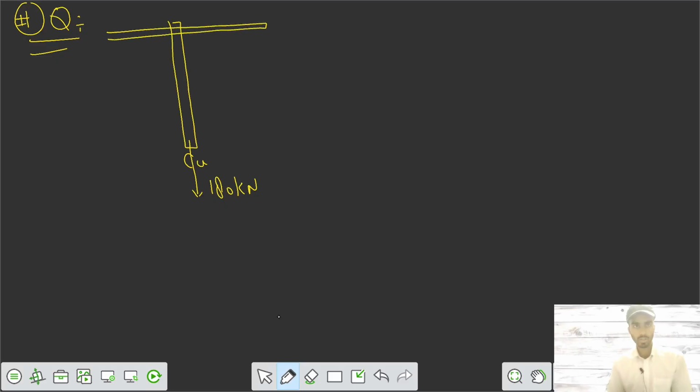So this is your rigid connection, this one is of steel, this one is also of steel, and this is your support. These two are of steel.